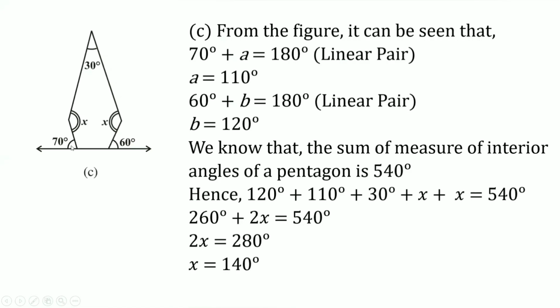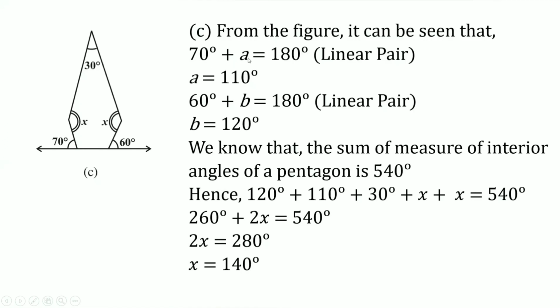Then we know that 70 plus A is equal to 180 degrees because it is making a linear pair. And here the 60 plus B is also making a linear pair. If you are not aware of linear pairs, then please refer to the 7th standard book. Linear pair means the sum of the two angles is 180 degrees.